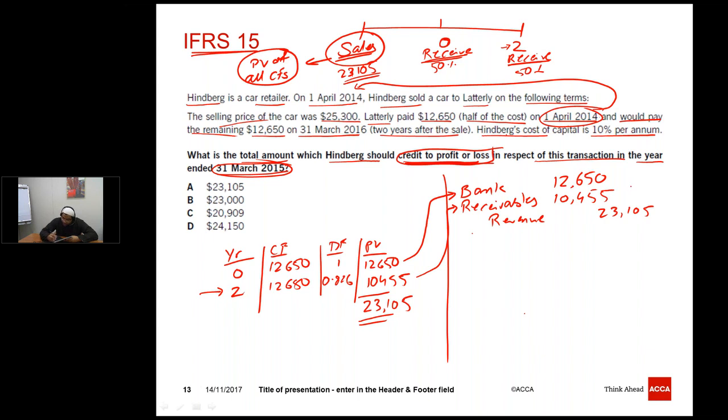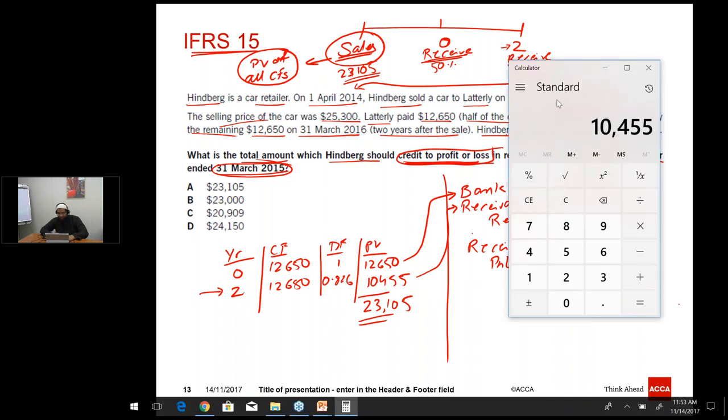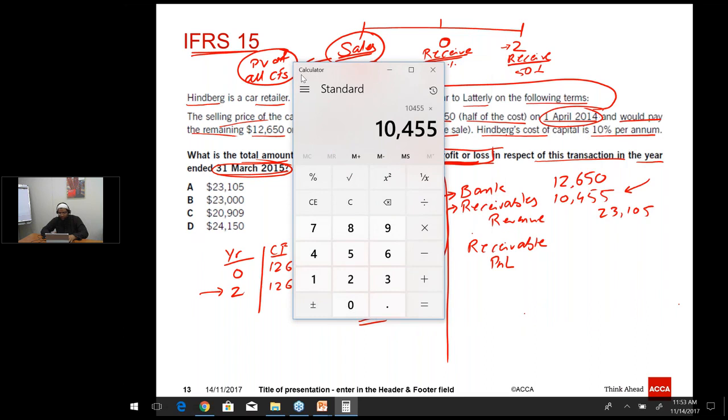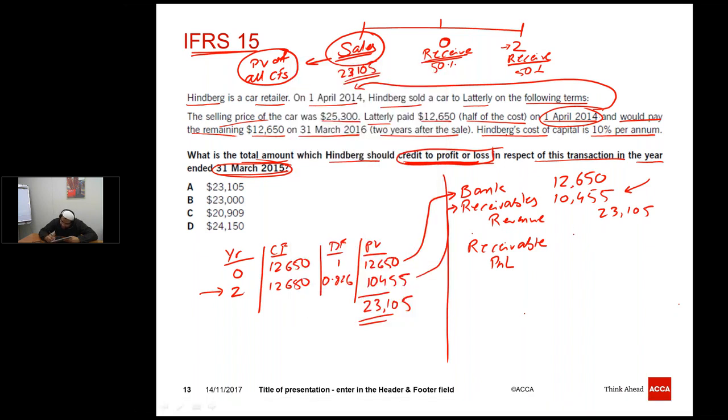Now, this receivable of 10455 will then be unwound at each year end. So the entry is receivable debit and P&L income credit by 10455 into 10%, which is going to be 1045.5.